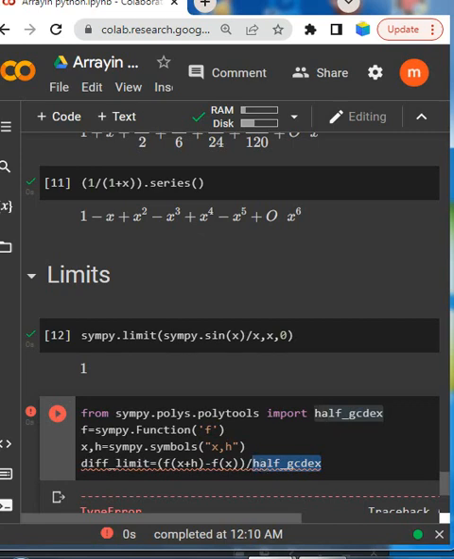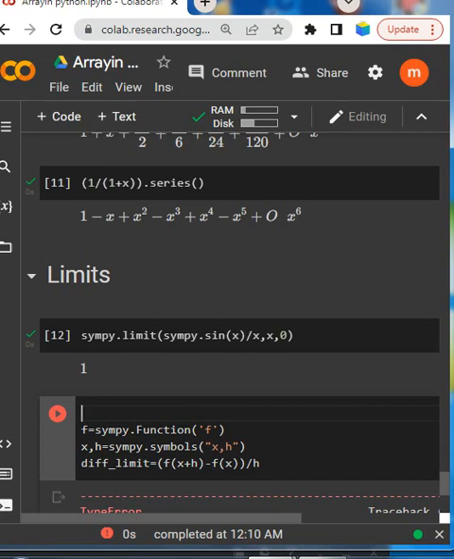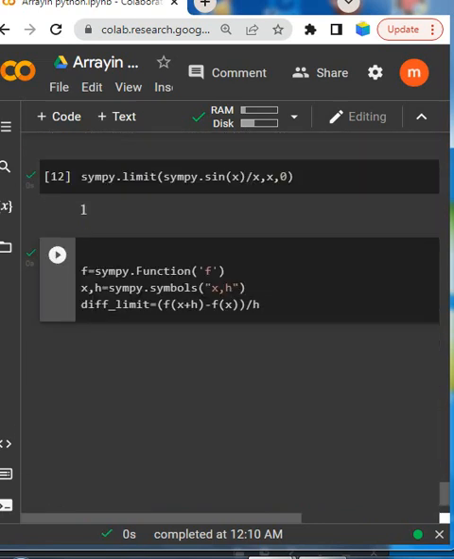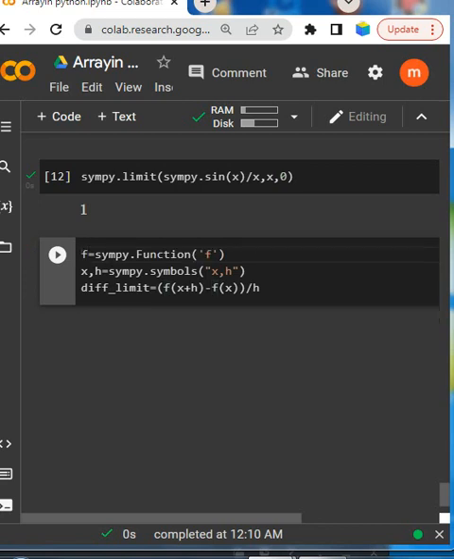It's not working, what happened? So now I am going to write here diff limit and it is also working. So this function has been created.